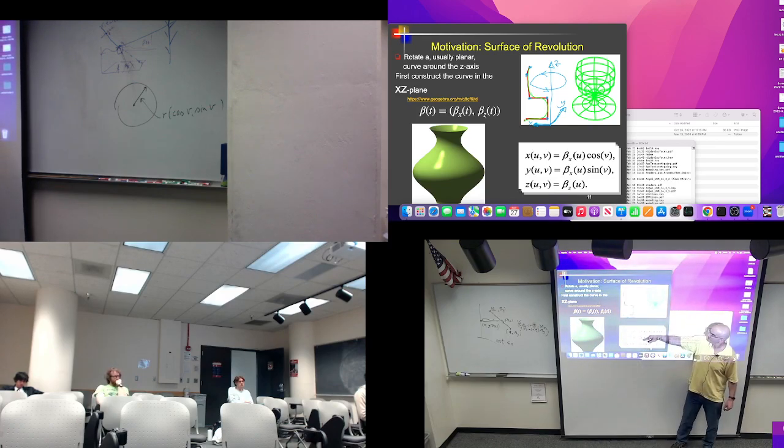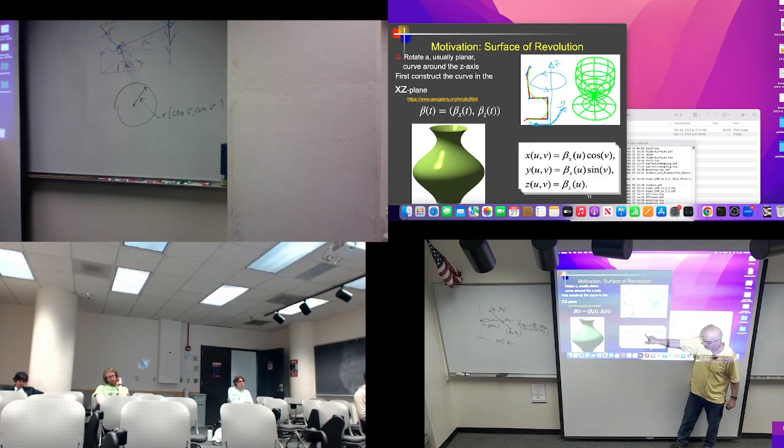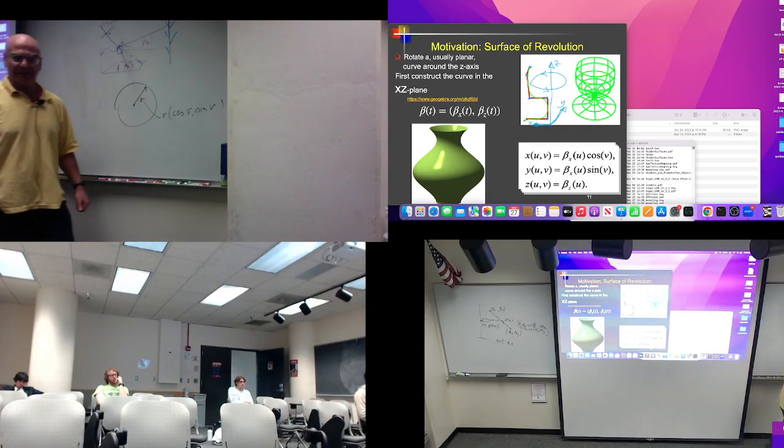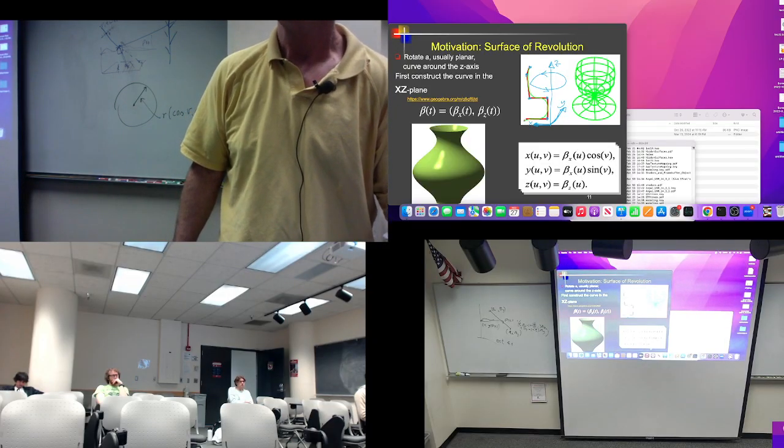The height depends on the Y coordinate, the Z coordinate. And here I'm using B of x, just as before, as the radius, times cosine and times sine, creating a circle around it. Altogether, creating a surface of revolution.